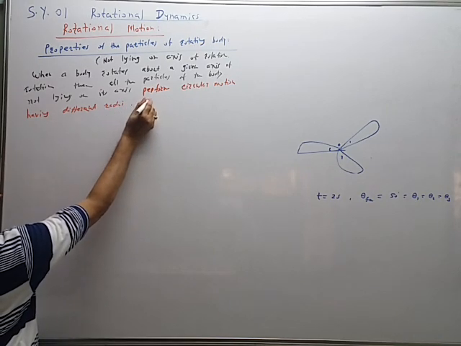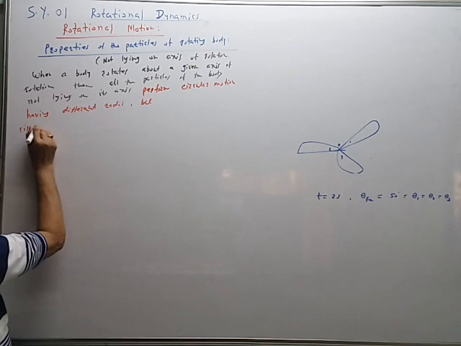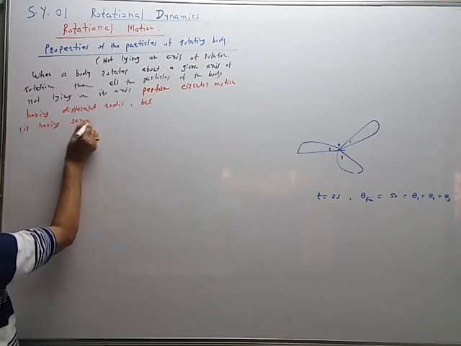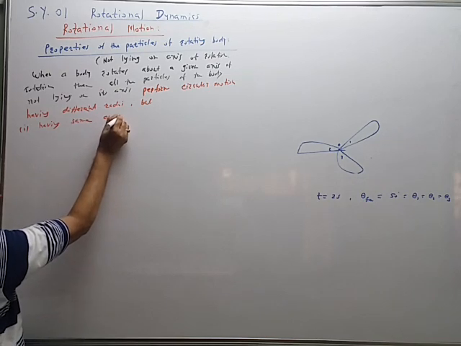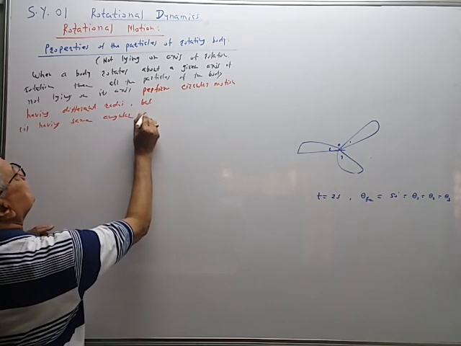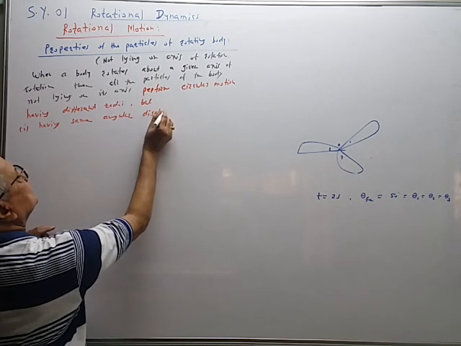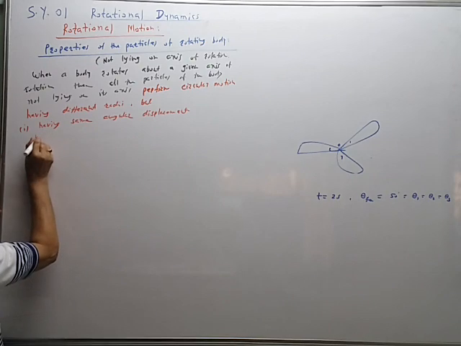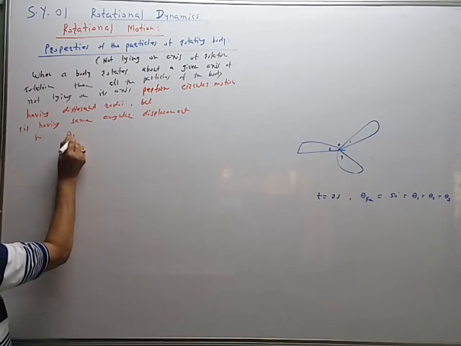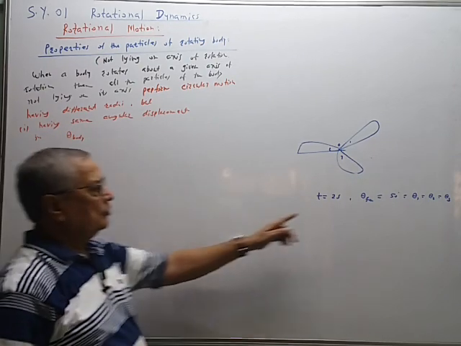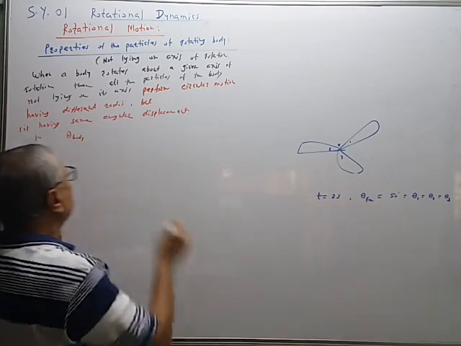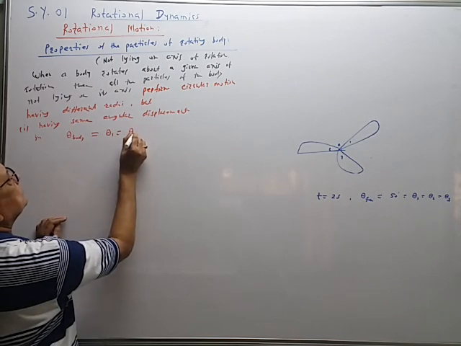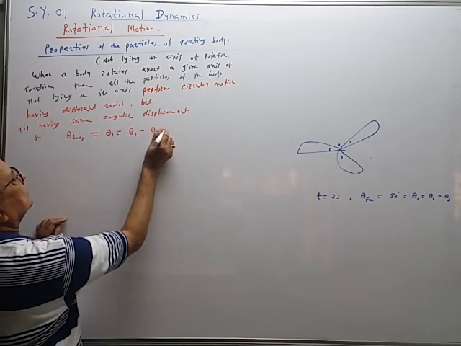But first, having the same angular displacement, that is, the angular displacement of the whole body fan is equal to the angular displacement of the first particle, first blade of the fan, second blade of the fan, like this.